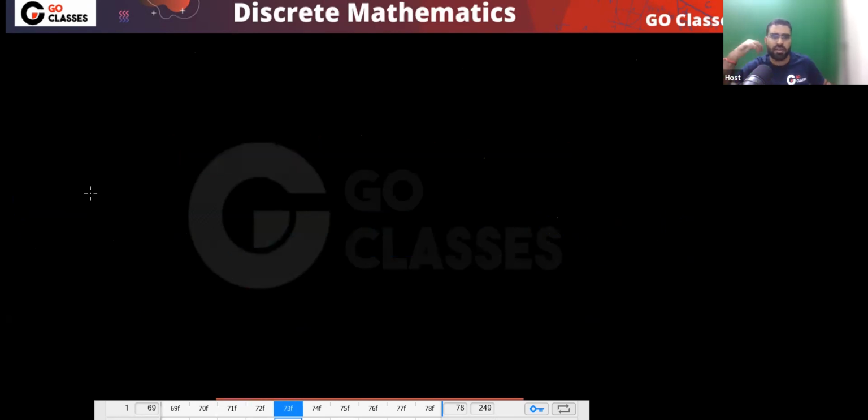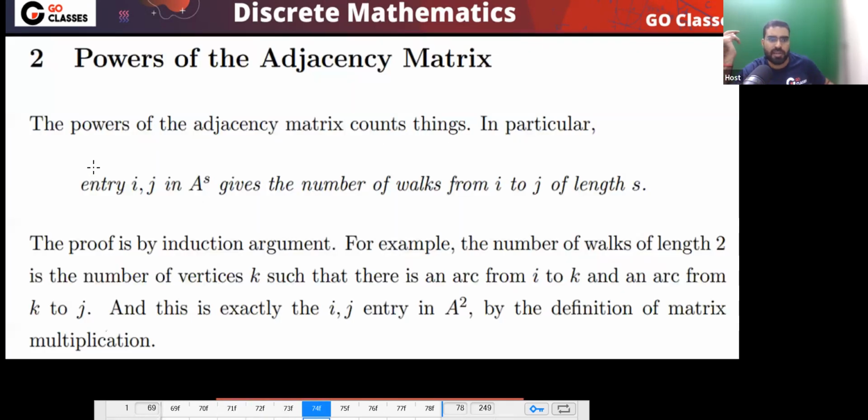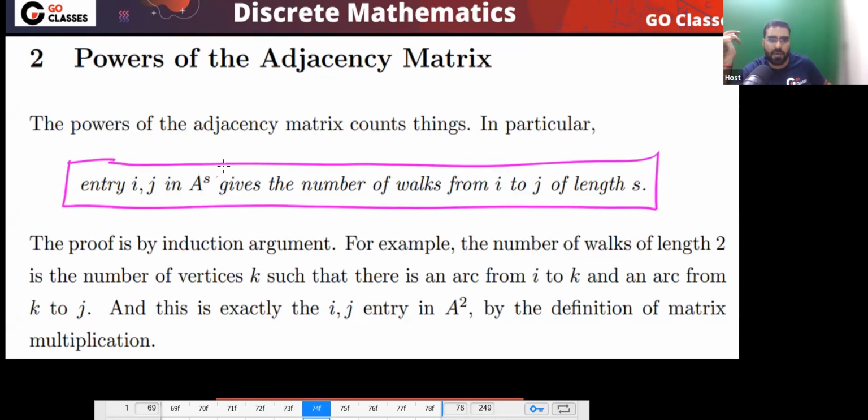So this is the final conclusion, that if you see the adjacency matrix, entry i comma j in a power s will give you the number of walks from i to j of length s. Okay. So a power k will give you the number of walks of length k. A power s will give you walks of length s.